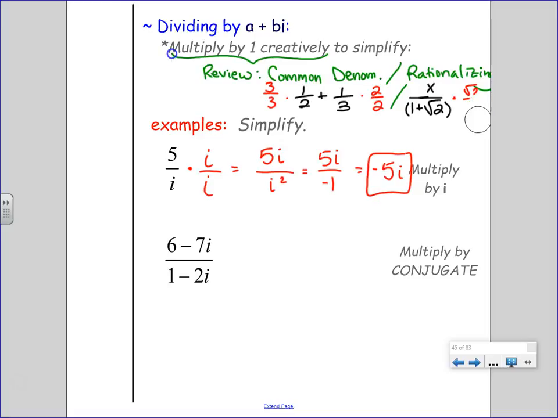Whenever there is a binomial with a root, we have to multiply by the conjugate. The conjugate says take what's there and change the sign in the middle.